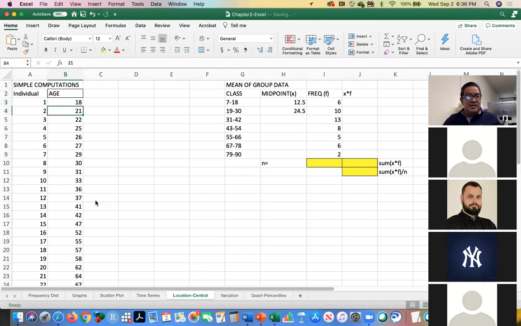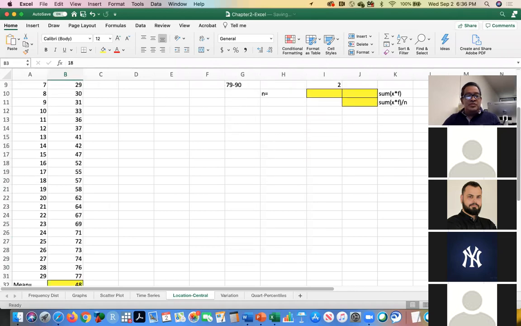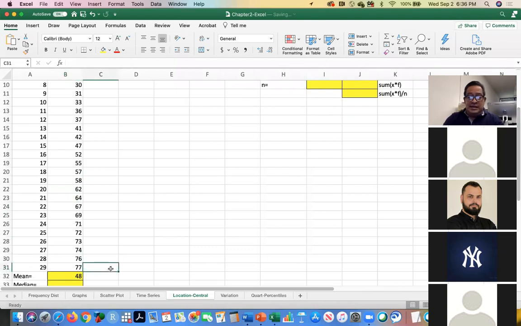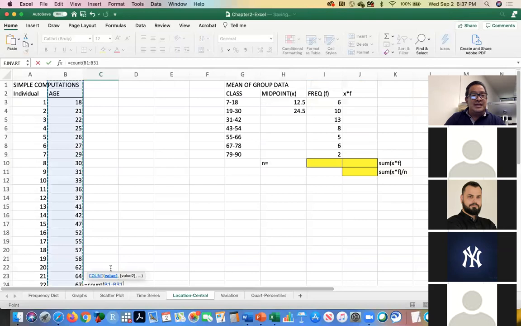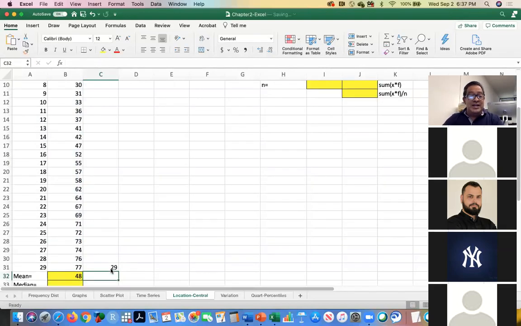Last time we used COUNT to know how many elements we have in this database. So I'm going to see how many elements we have. We have 29. So the observation 14, and 14, and observation 15, because this is an odd number.